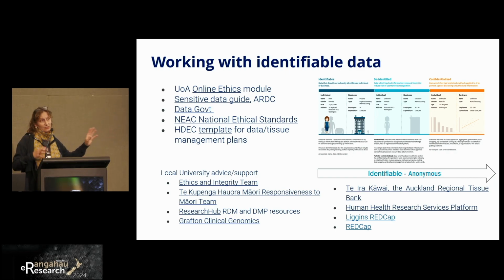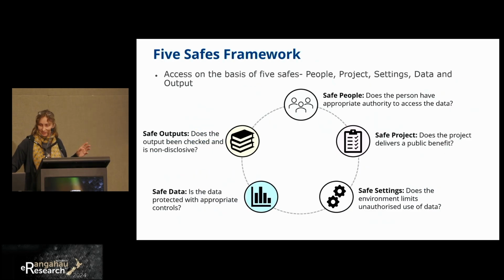Also, in terms of thinking about identifiable versus de-identified data, there's lots of frameworks out there around that, and I don't want to spend too long on it because I want to discuss it all with you. We've done a lot in the 5 Safes framework in the work we've been doing. How many people is 5 Safes something they know about? Okay, so maybe we can come back to that later on.